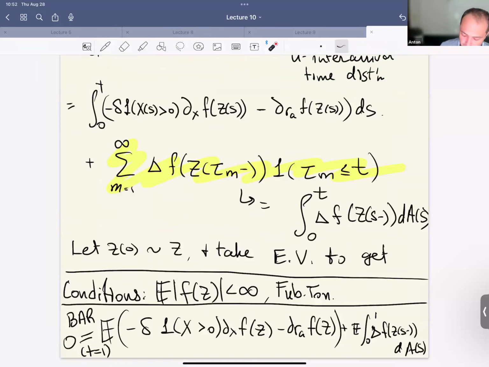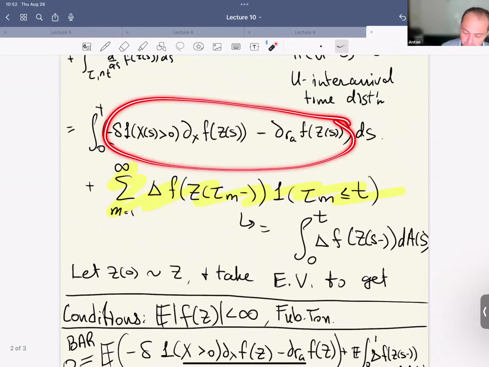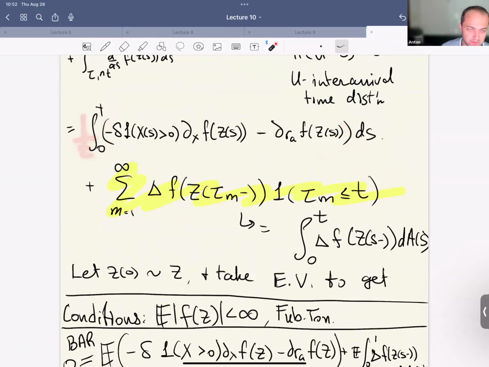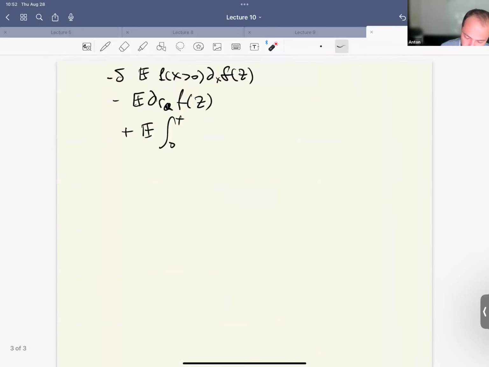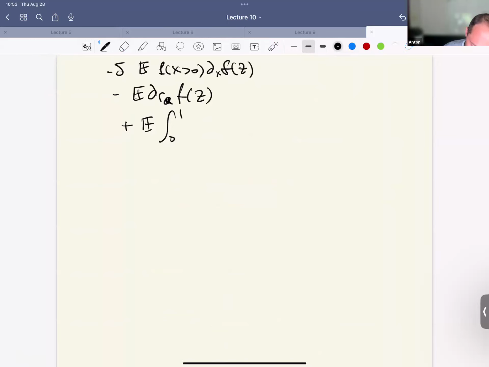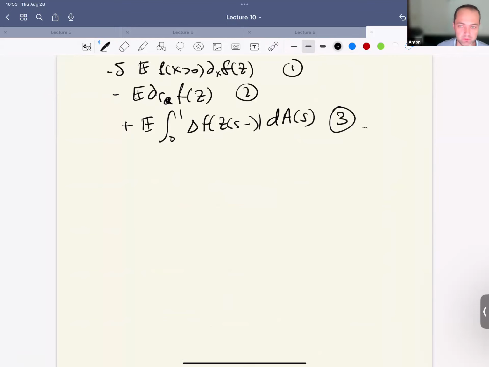The value of t doesn't really matter because it's a stationary equation, because the integrand is going to be independent of time. And so you can just rescale everything by dividing by t, and the 1 over t will cancel out the term up top. The same thing will happen to this term. Okay, so let me just say t equals 1 without loss of generality, delta f of z of s minus dA of s.